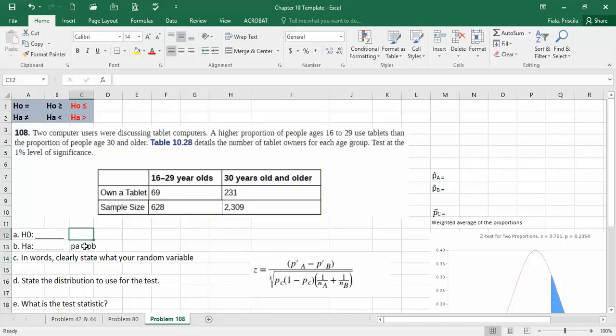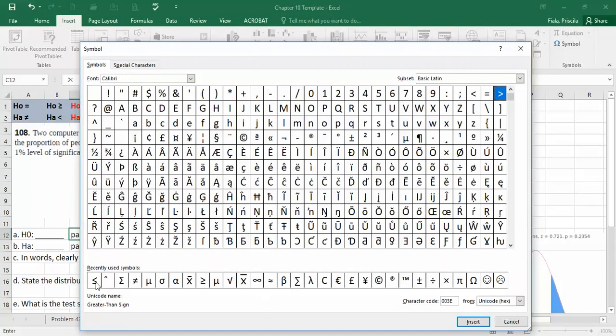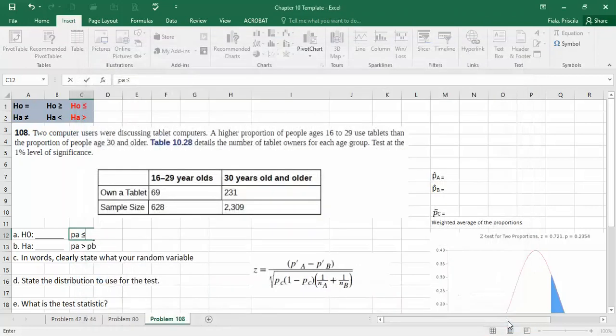So I start with that. Therefore, if this is higher, my null will be the proportion of A less than or equal to the proportion of B. And that's what we're trying to prove. Okay.